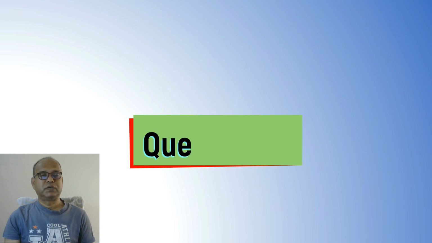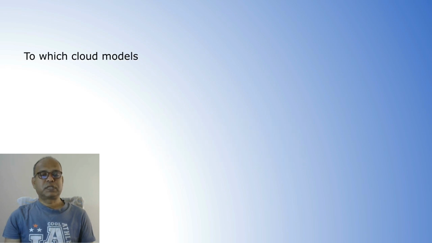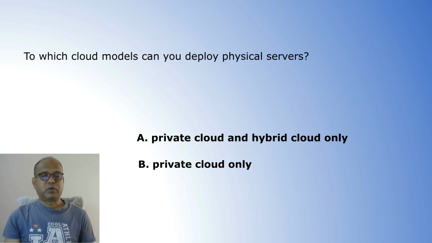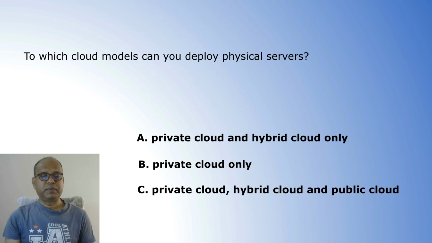Next question. Question number 51. To which cloud models can you deploy physical servers? Option A, private cloud and hybrid cloud only. Option B, private cloud only. Option C, private cloud, hybrid cloud and public cloud.